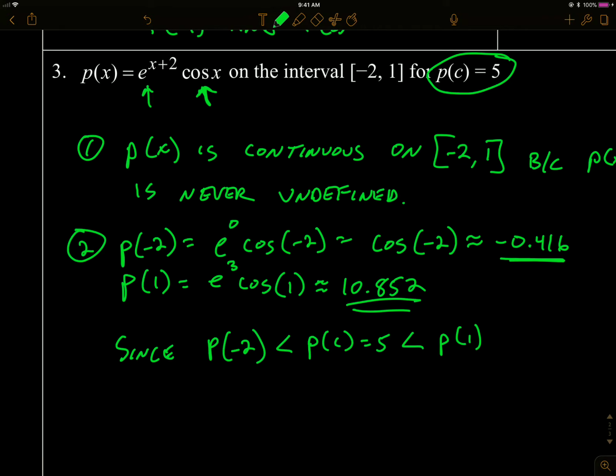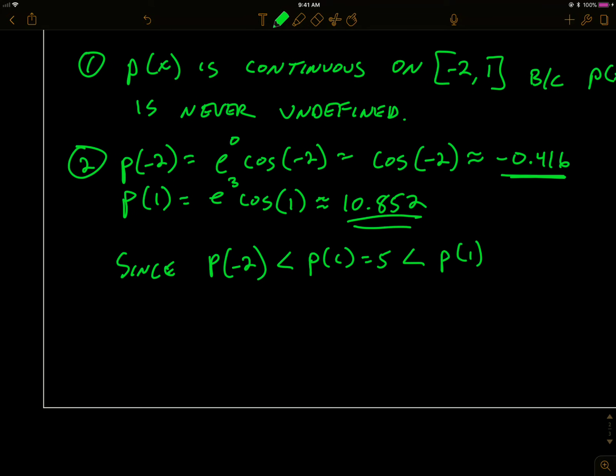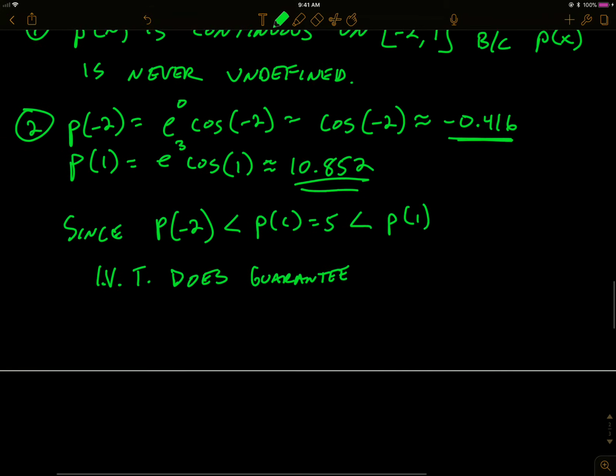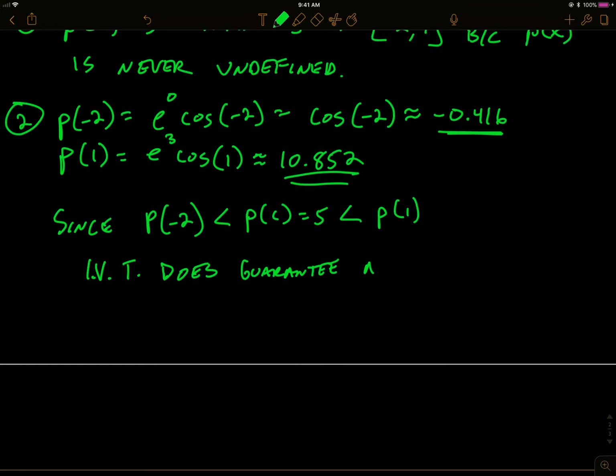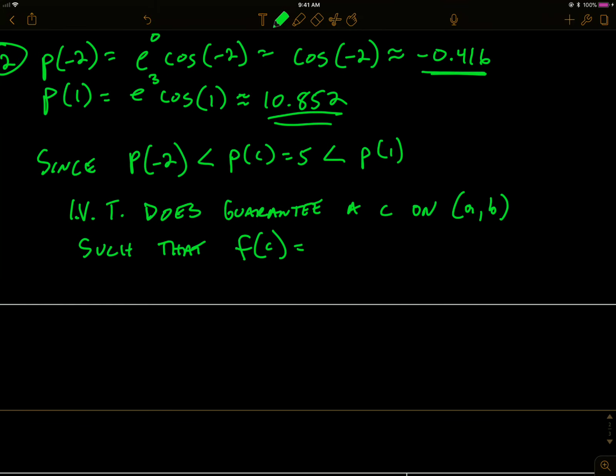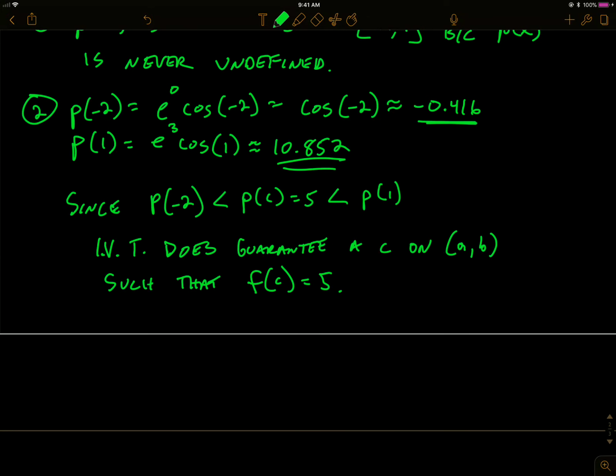Since the y value is in between those two y values, we can say IVT does guarantee a c on the open interval a to b such that f of c is 5. So that's our final statement. It just says, yeah, there's an x value that has a y value of 5.